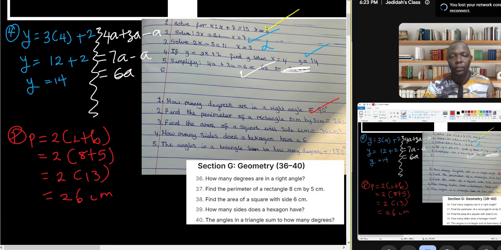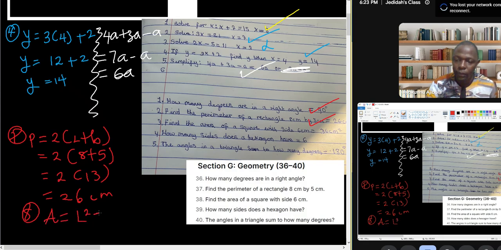Then the next one, number 8, we have to find the area of a square with side 6 cm. What is the formula for the area of a square? Length times width.